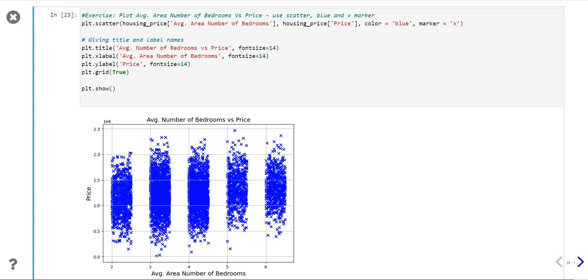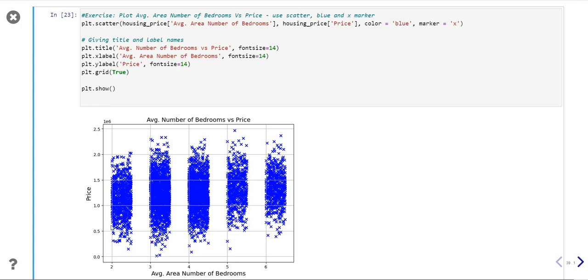This is the number of area. Then there's a number of area for 3, 4, 5, 6. So that's why you can see some sort of range in the average area number of bedrooms. Even if you have 2 bedrooms, the area can vary, right? Number of 3 bedrooms can vary, 4 bedrooms and 5 and 6 bedrooms.